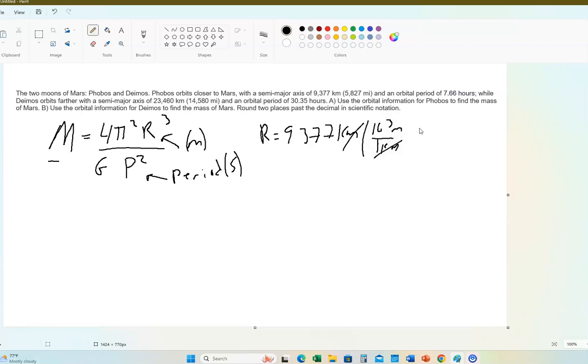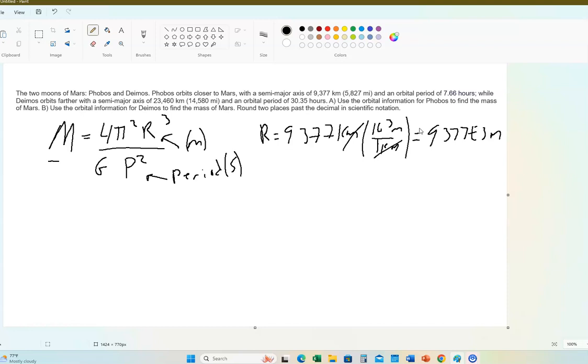All right, so it's just 9,377 times 10 to the third. Let me rewrite it: 9,377 e to the third meters. All right, so that's what we're going to use for R.